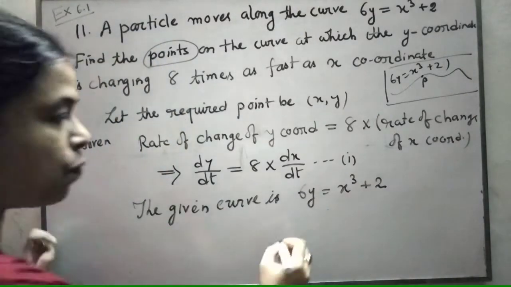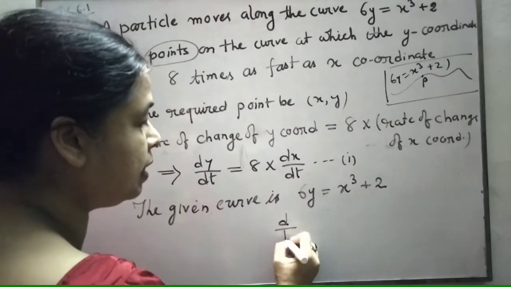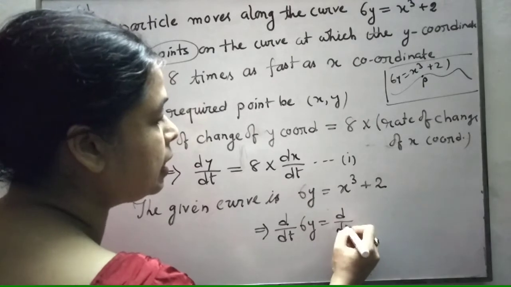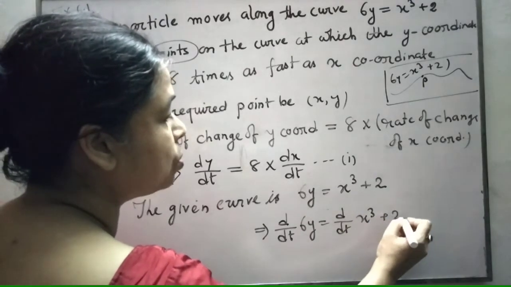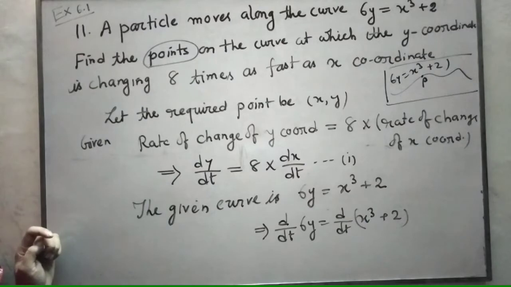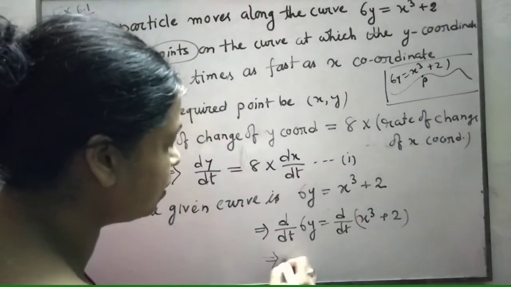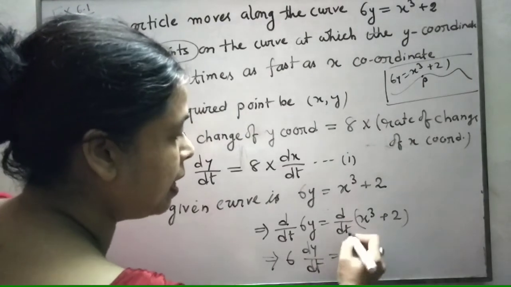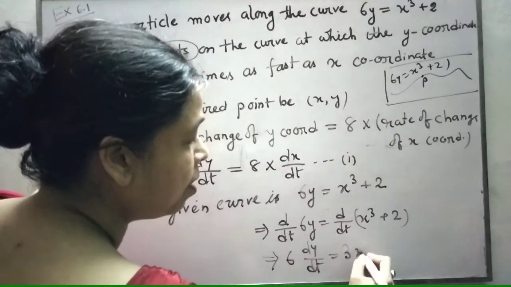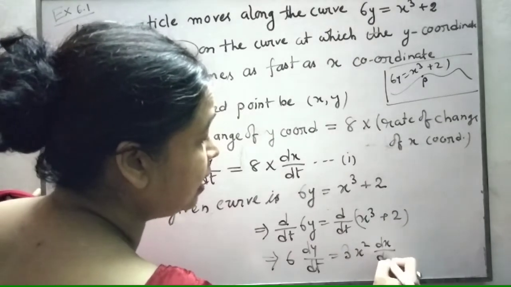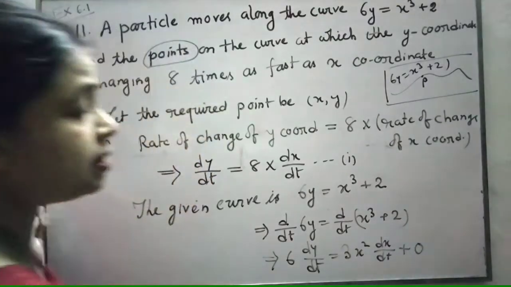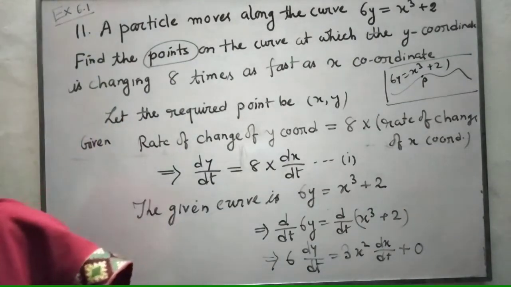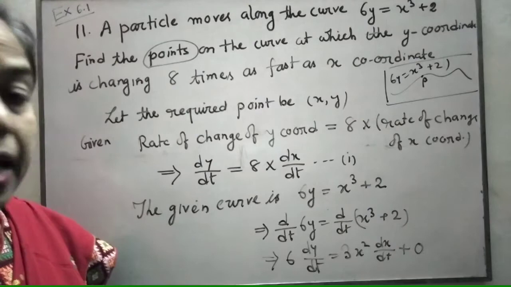I take the derivative with respect to time: d/dt of 6y is equal to d/dt of x cube plus 2. The result will be 6, a constant, comes out, dy/dt, and d/dt of x cube is 3x square dx/dt, and d/dt of the constant is 0. So you have got a relation between dy/dt and dx/dt.